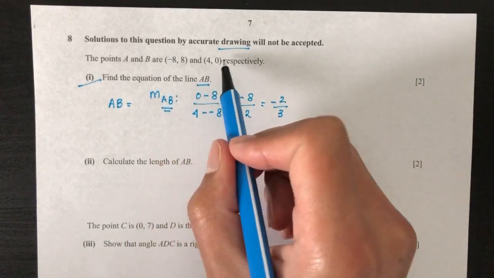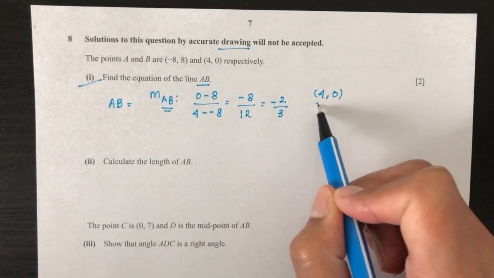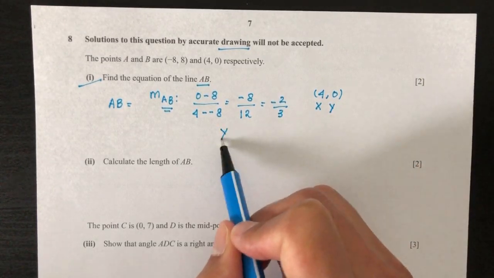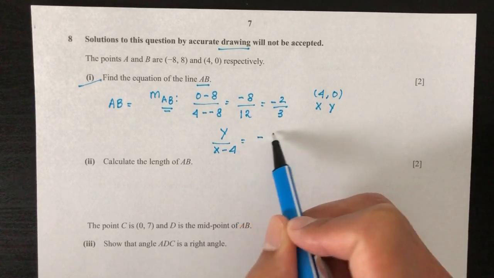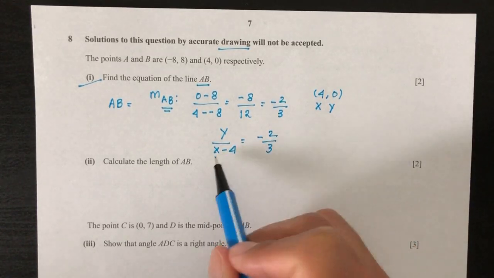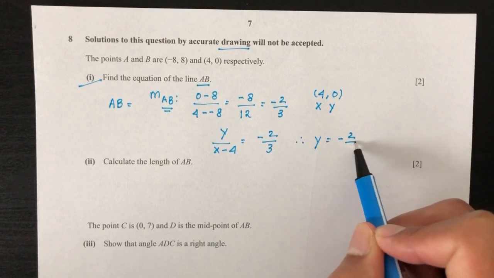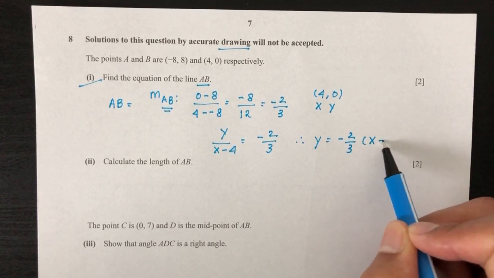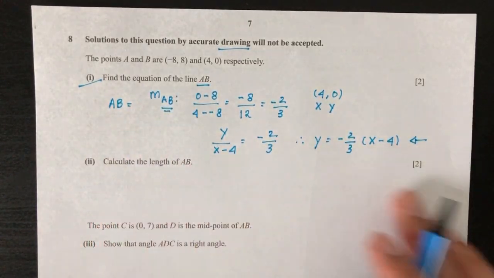Now to find the equation, we have to use a point. We have 4 here, we have 0. That will be x and y. So basically y over x minus 4 is equal to minus 2 over 3. So we just have to multiply. So from this you have y equal to minus 2 over 3 times x minus 4. That is your equation of line AB.